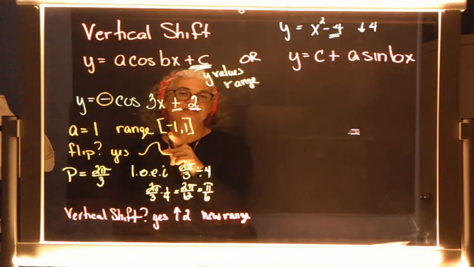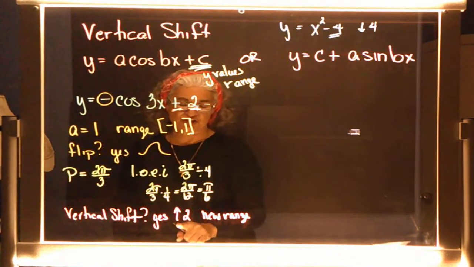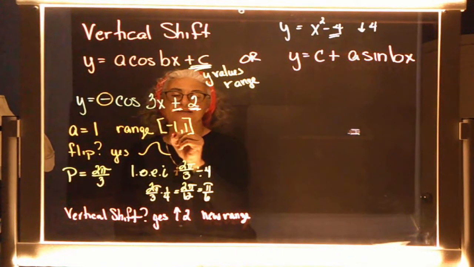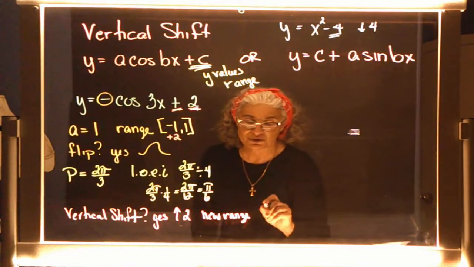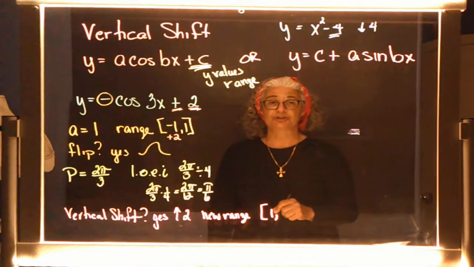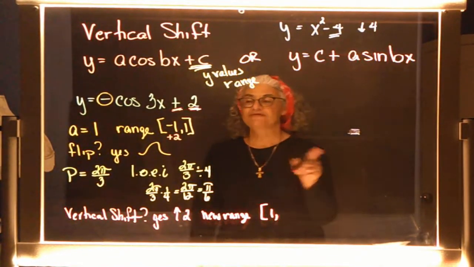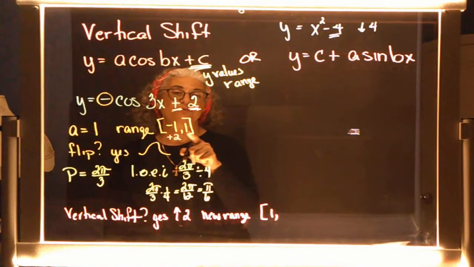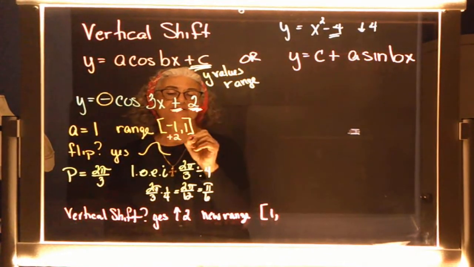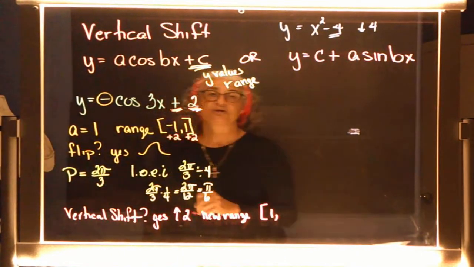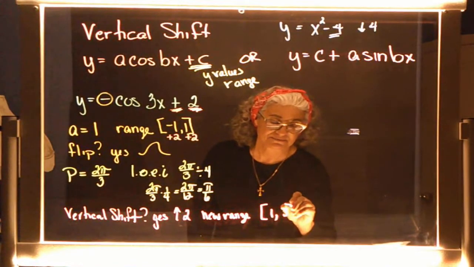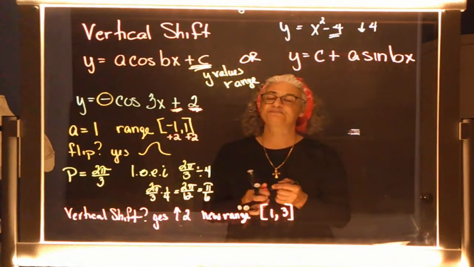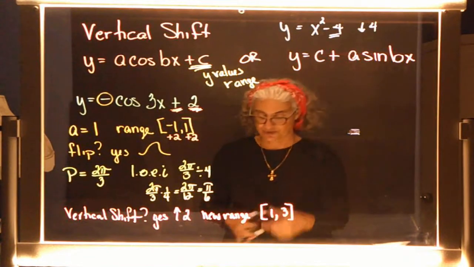If the old one started at -1 and it's shifting up 2, that means if I take -1 and add 2 to it, what do you get? Good. You get +1, don't you? If the old range ended at +1 and it's shifting up 2 spaces, that means you're adding 2, which means the new range is going to end at 3. Cool?